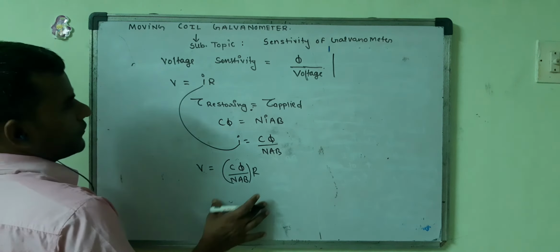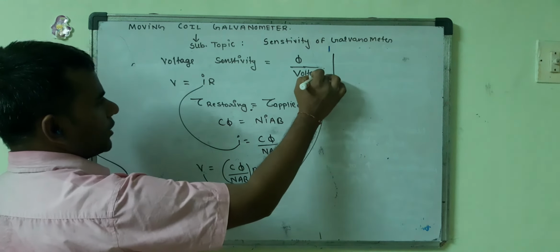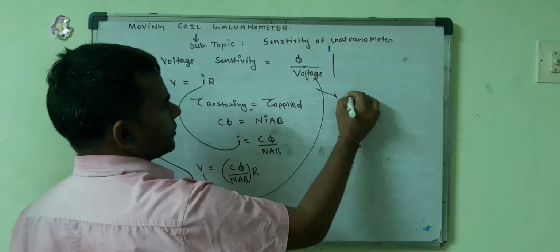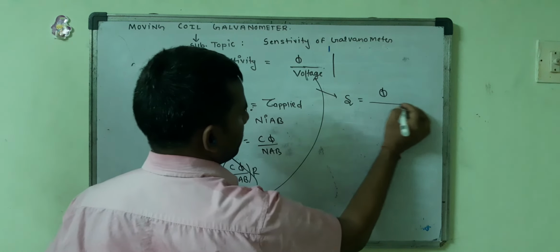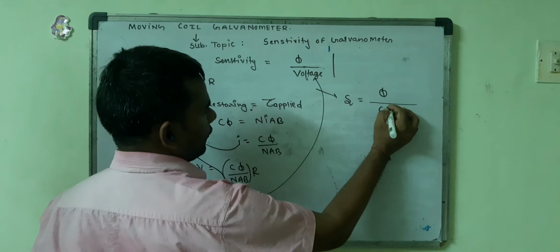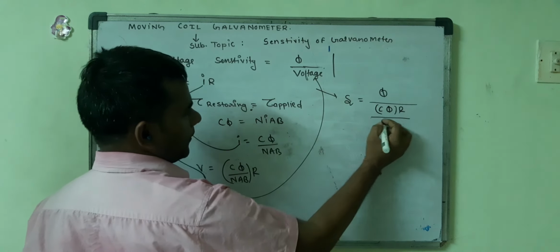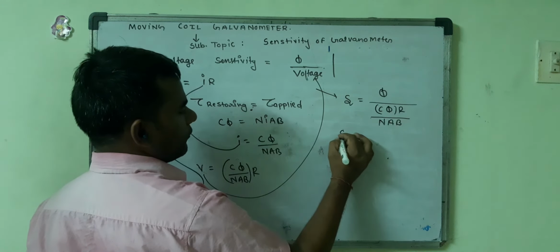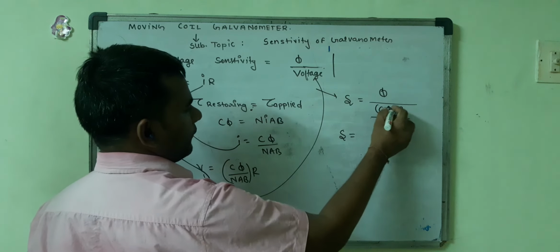So we are going to put this value of V here. Sensitivity will be phi divided by C phi into R over N A B. When you solve it further, phi cancels.